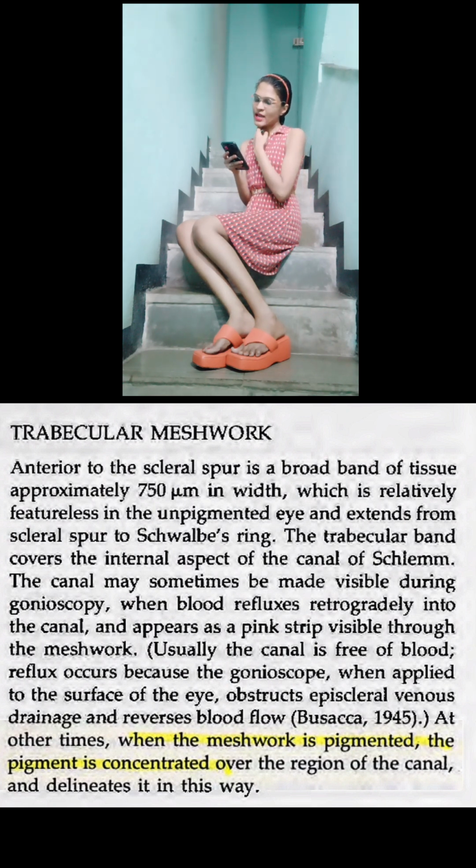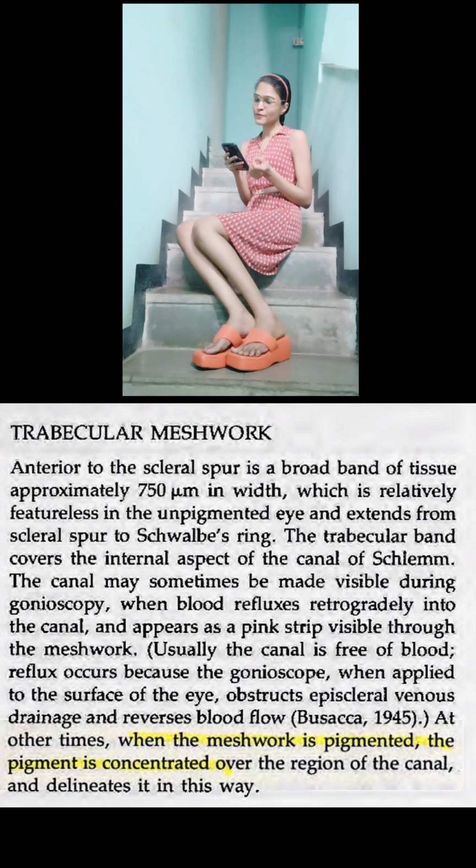The trabecular band covers the internal aspect of the canal of Schlemm. The canal may sometimes be made visible during gonioscopy when blood refluxes retrolately into the canal and appears as a pink strip visible through the meshwork.